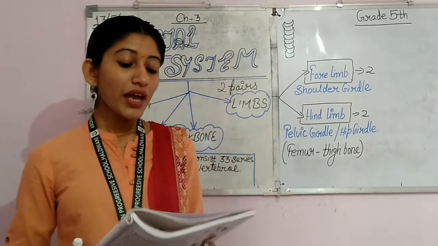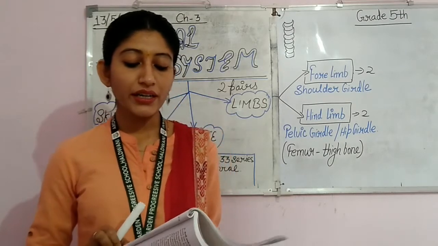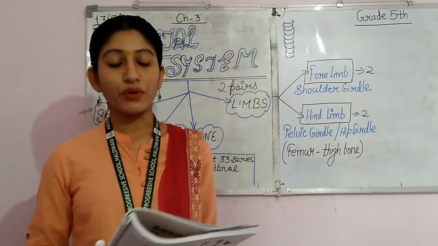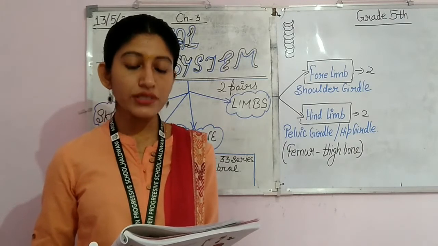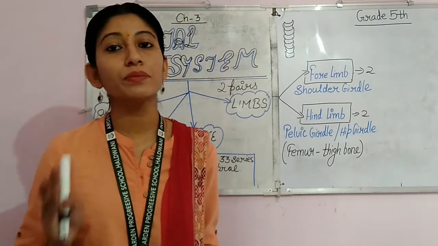Now, the long bones of the skeleton are filled with a soft material called bone marrow. What is it saying? The long bones of the skeleton are filled with a soft material called bone marrow.